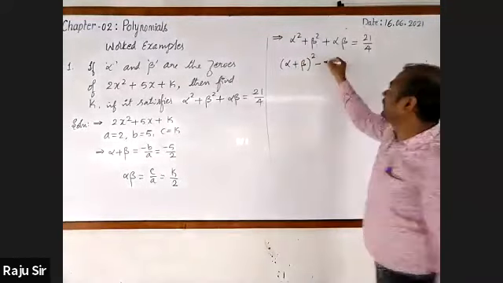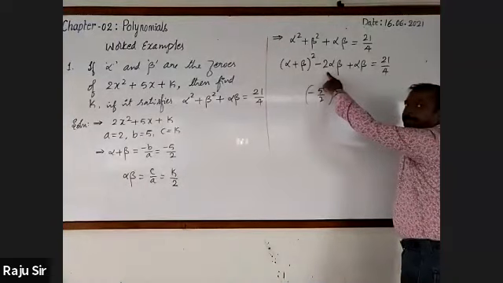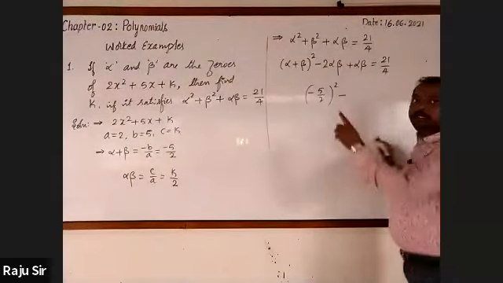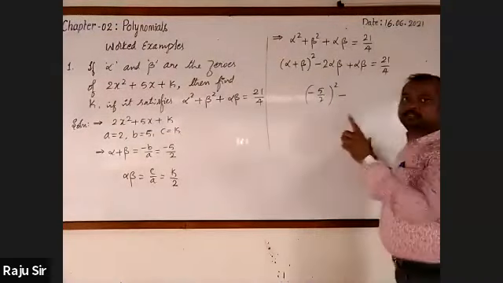Then what is alpha plus beta? It is minus 5 by 2. Let me substitute that. Minus 5 by 2 whole square. Next, just observe. Minus 2 alpha beta plus 1 alpha beta is minus alpha beta. So minus alpha into beta is k by 2. This is equal to 21 by 4.